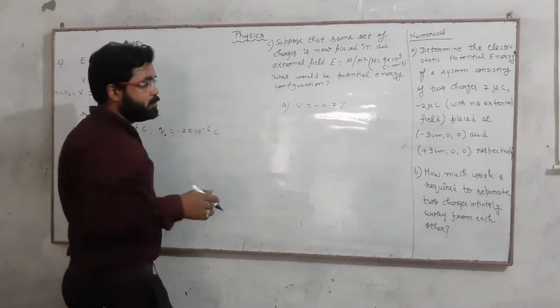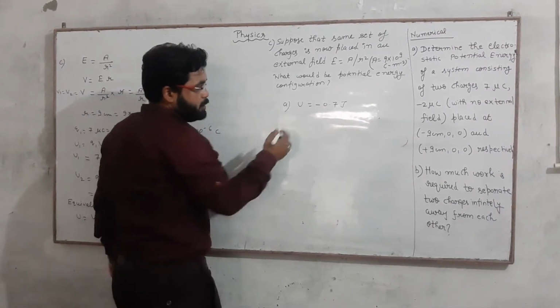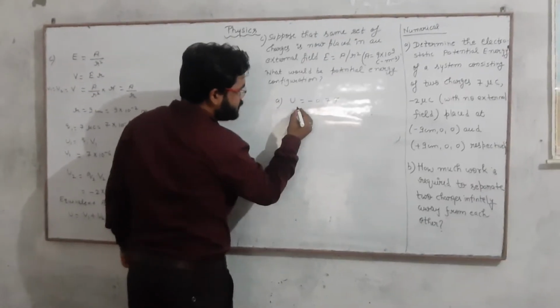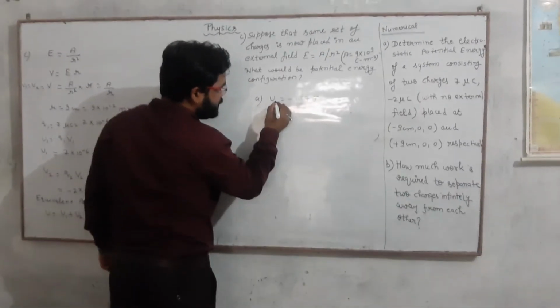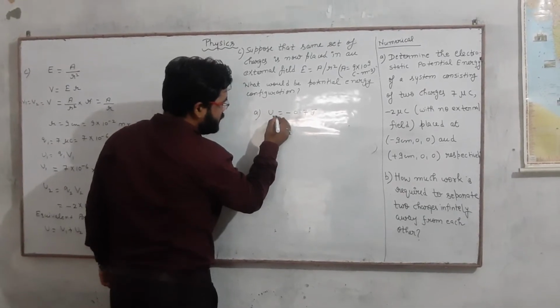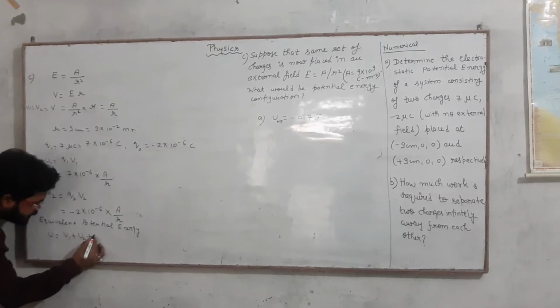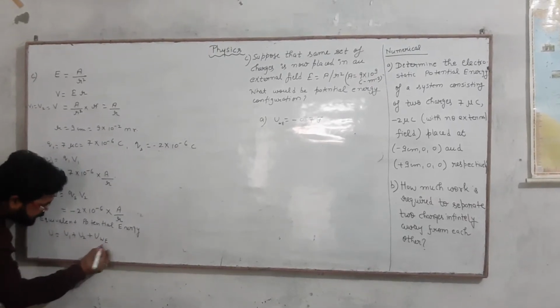That you can find in the previous part of the video. So here we will say U without external field, plus U with external field.